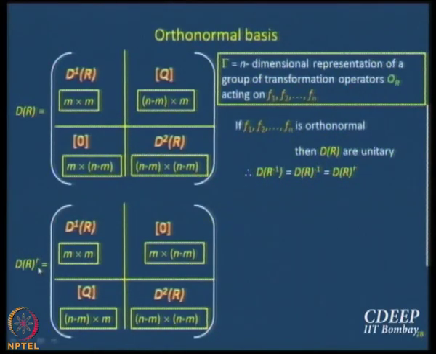D R transpose, as you told me right now, is the transformation matrix corresponding to the R inverse operation. Now see, do you think R and R inverse are going to mix functions differently? What R has done is that, as a function of R, we have seen that there is no contribution of Fm plus 1, m plus 2 etc. up to Fn in F1, F2, F3 up to Fm.